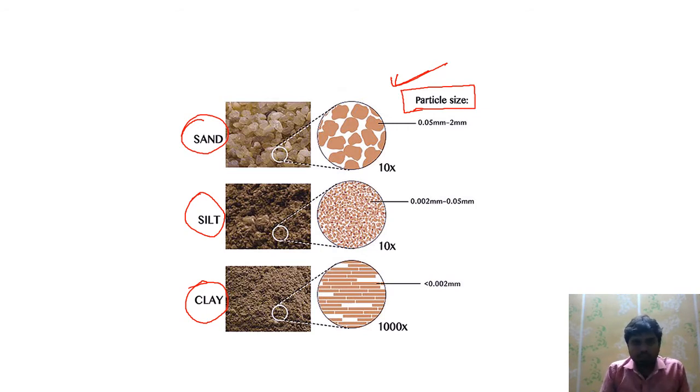So what can you say about the particle size, students? Yes, very good. Sand size is how much? 0.05 millimeter to 2 millimeter. Silt size is 0.002 to 0.05, and clay is less than 0.002.